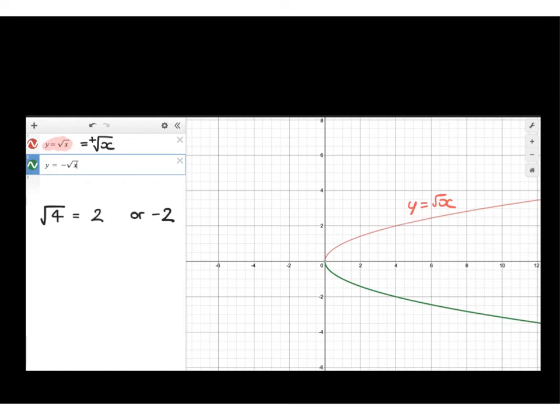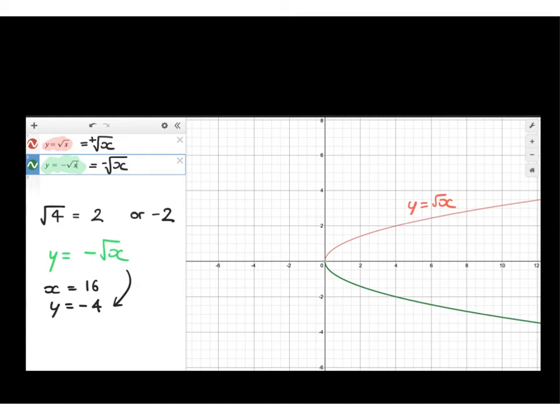I've also drawn the graph of y equals, very specifically, the negative square root of x. I've deliberately said here that we're going to take the negative value each time we take the square root. If I decide my x value is going to equal 16, then if I'm taking the negative square root, I deliberately want -4 as my answer rather than 4.